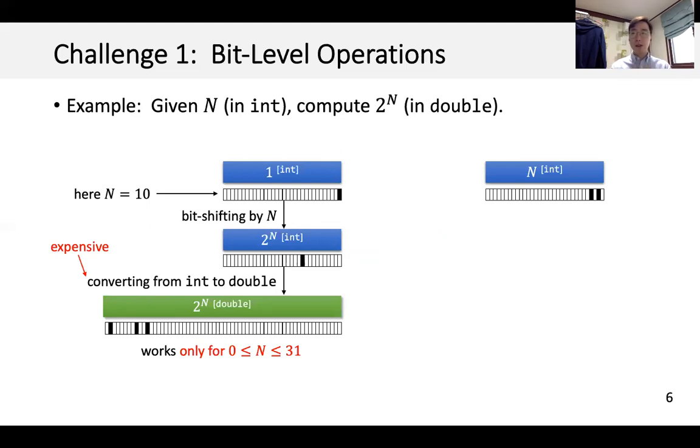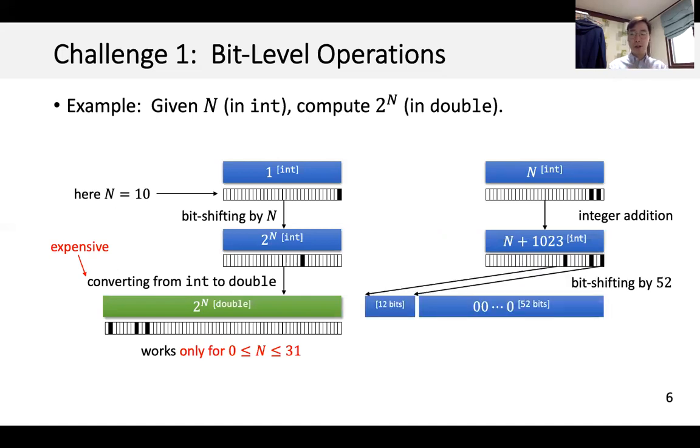That approach is the following. Consider the integer n, and then do the integer addition by 1023, and then do the bit shift operation by 52 bits. Then the resulting bits are magically equal to our desired output.